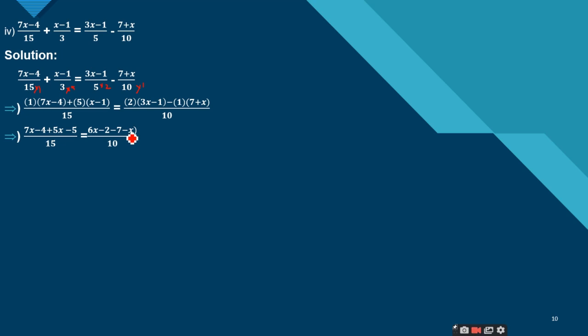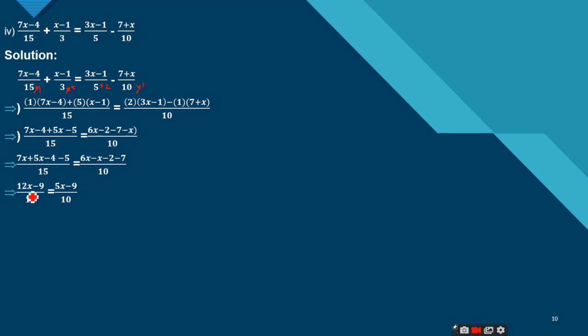Now in the next step we just write the like terms of both sides of the numerators. So 7x plus 5x minus 4 minus 5 upon 15 is equal to 6x minus x minus 2 minus 7 upon 10.